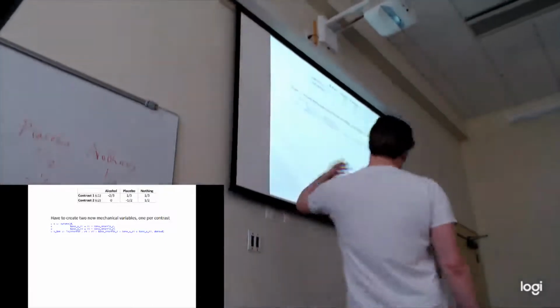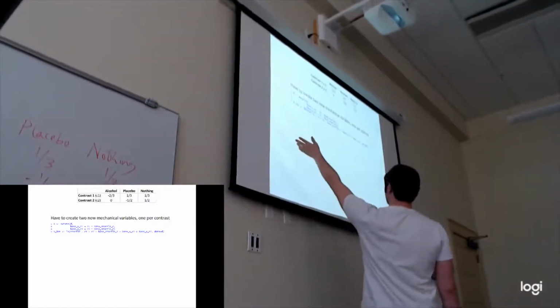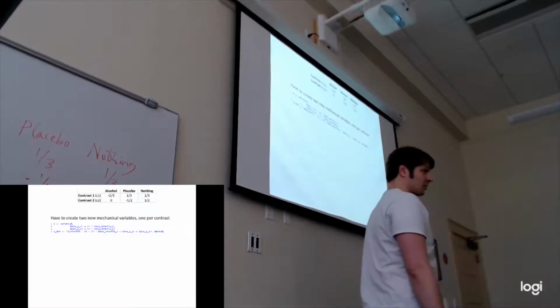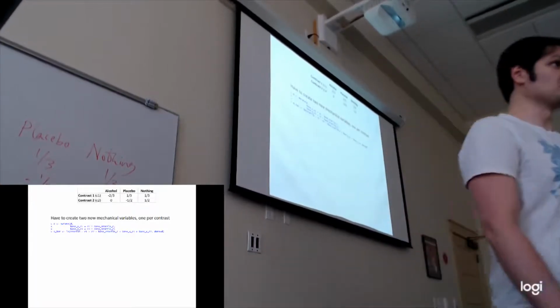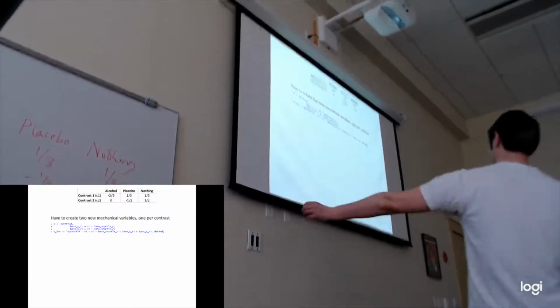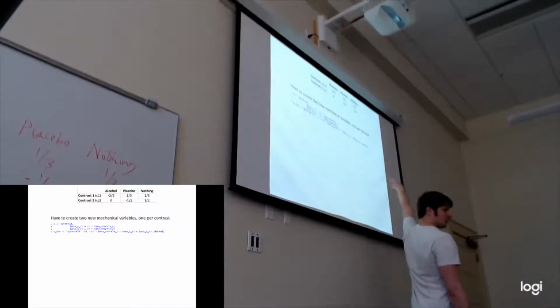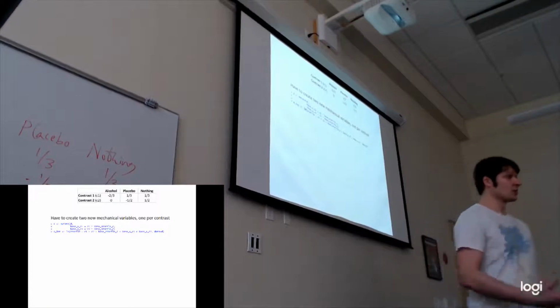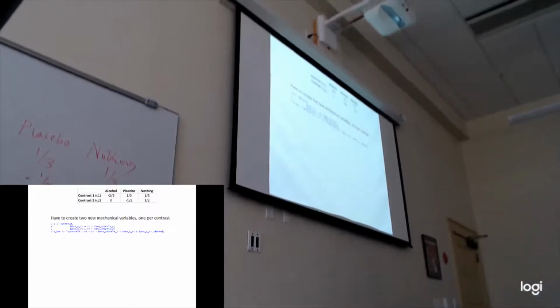So literally in R, what you can do is just multiply C1 by centered baseline startle, and C2 by centered baseline startle, create those two new variables, and then add those to the model. So that's one way you can do this. You literally create mechanical variables in your data frame, and then add them to the model just like you would with anything else.